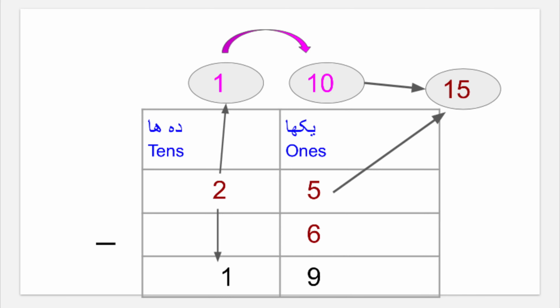When we're shifting, 1 ten is equal to 10 ones, and the 5 we already have in the ones, together with that 10, is going to be 15. And 15, you see on the top right side, is 15. It's coming from 5 from the previous ones and 10 taken from the tens.